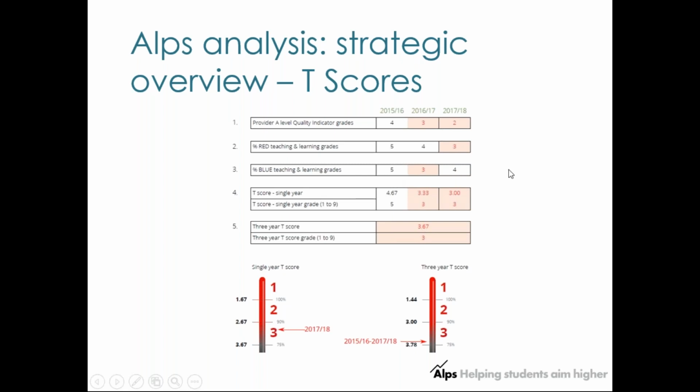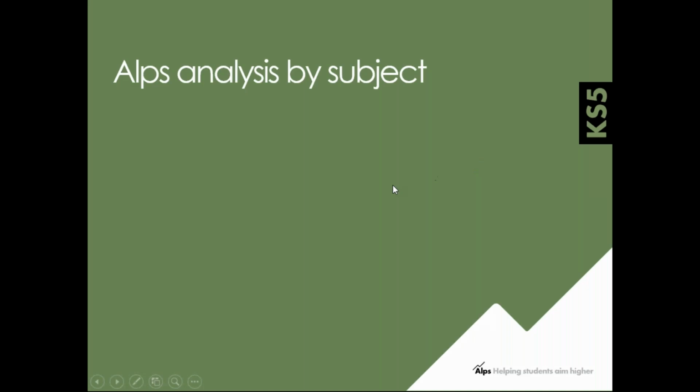Your T-score is just an aggregation of these 3 numbers, 2, 3, and 4 makes 9, divided by those 3, making a score of 3, and then placed on a thermometer. Your 3-year T-score is an aggregation of 9 scores, those there, and that divided by 9 comes to 3.67. And again, this school finds itself 3 on the thermometer, top 25%.